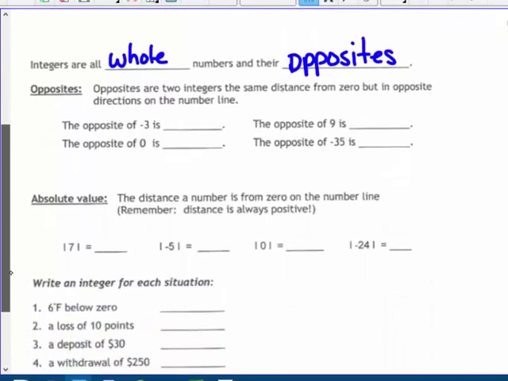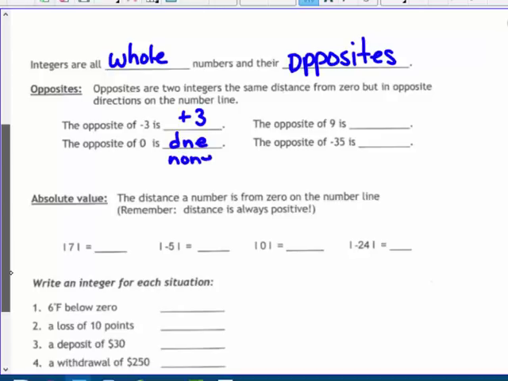Opposites are two integers the same distance from 0 but in opposite directions on the number line. The opposite of negative 3 is positive 3. The opposite of 0, because it is not signed, doesn't have a positive or a negative, does not exist. DNE, or you could say none.